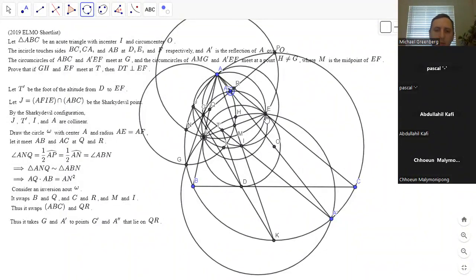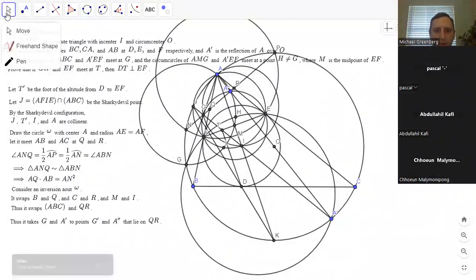Oh, and is A double prime EFG cyclic? I think so, because their inverses, that would be FE A prime G is cyclic. Yeah, so FE A prime G is cyclic. So those points are cyclic.